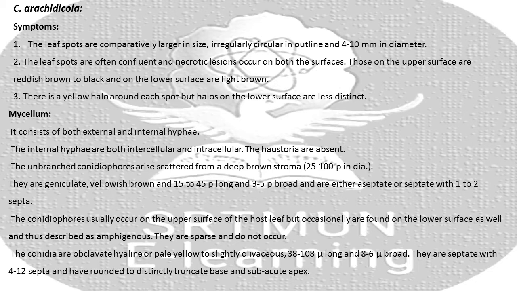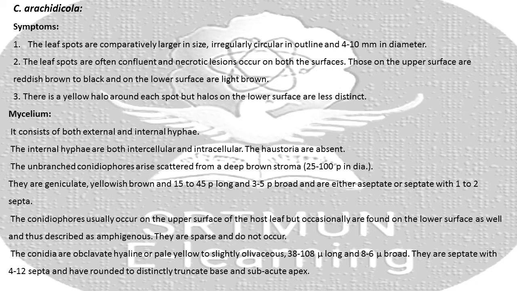Now, next point, mycelium. It consists of both external and internal hyphae. First of all, the internal hyphae are both intercellular and intracellular. The haustoria are absent. The unbranched conidiophores arise in clusters from the deep brown stroma.